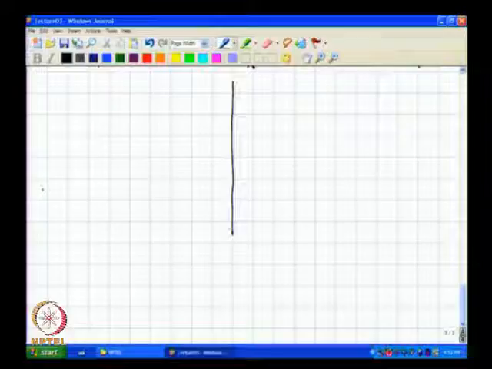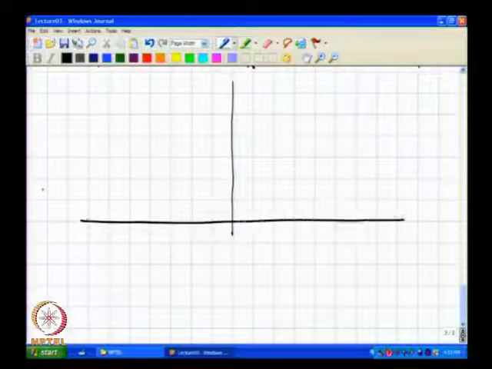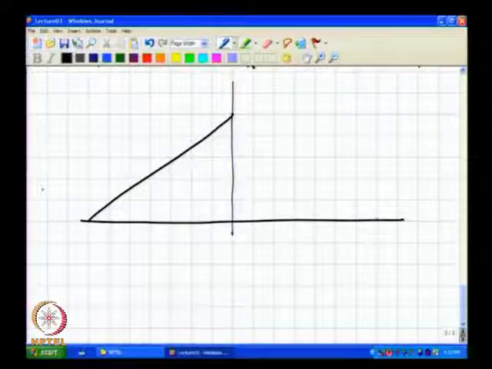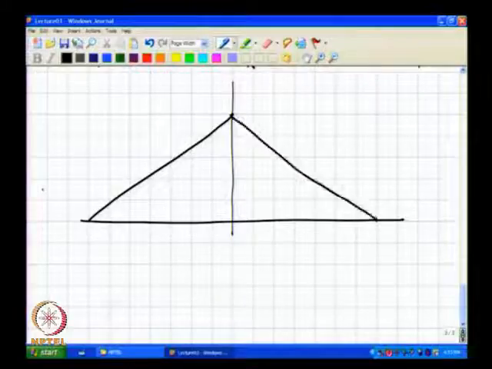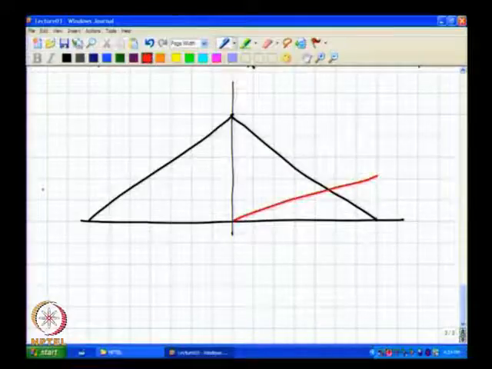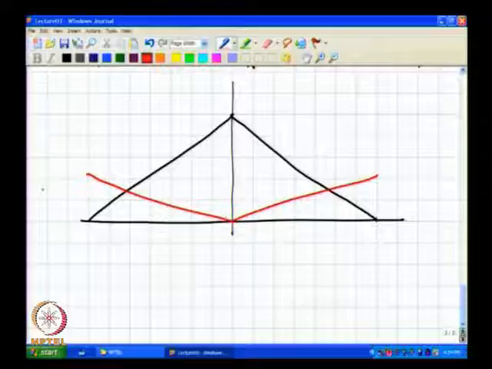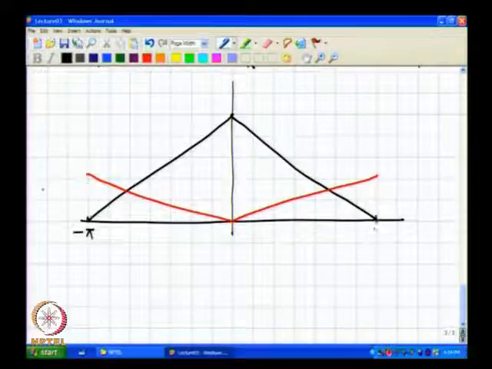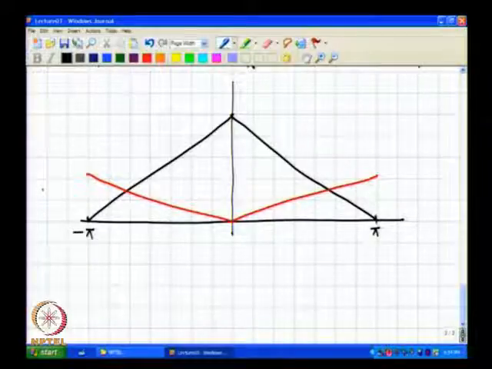I am blowing up just that region between minus pi and pi. What we would have gotten is something like this, and the red part would have done something like this. This is minus pi, this is pi.